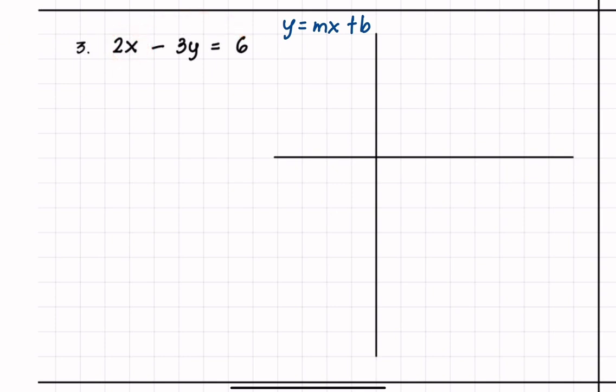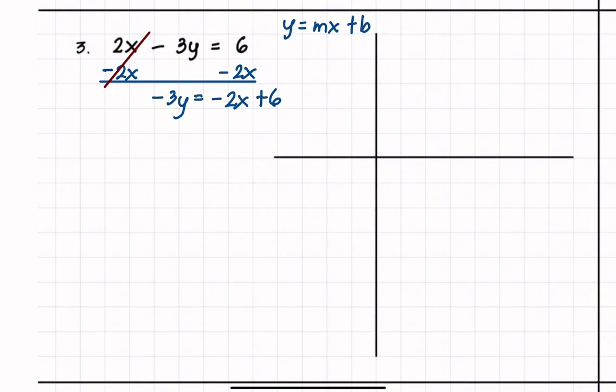Since this is positive 2x, what's the opposite of positive 2x? Yes, negative 2x. So we subtract 2x from both sides of the equation. Now, 2x minus 2x cancelled. Bring down negative 3y is equal to negative 2x. The sign of 6 is positive, so we write plus 6.